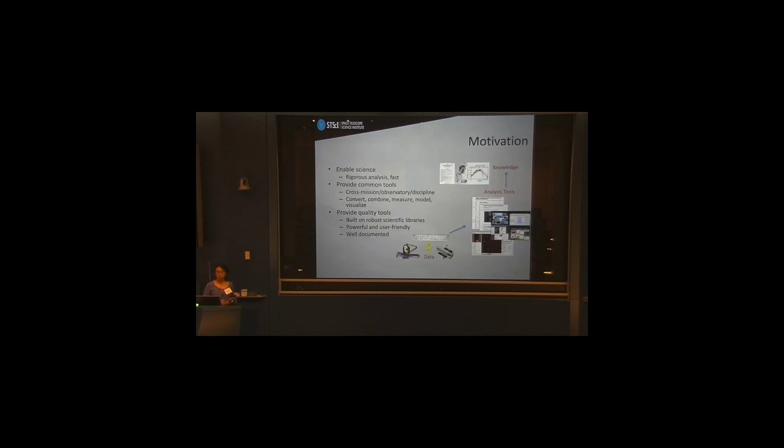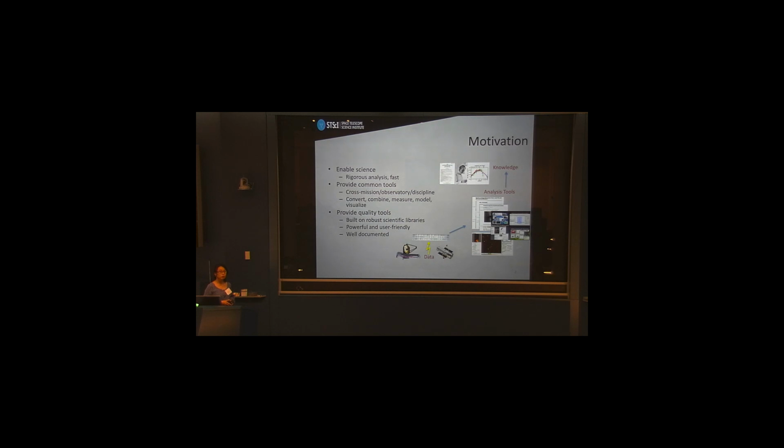So the motivation behind our work in the data analysis tools branch is to enable science. If you need rigorous analysis, robust, fast, we are trying to enable you, help you do science. And we try to provide common tools for cross-mission, observatory, or discipline to do some really common things like convert units, combine images, spectra, and so on.